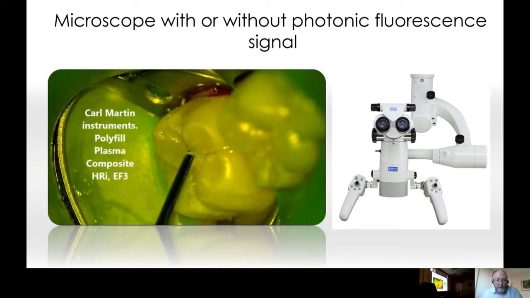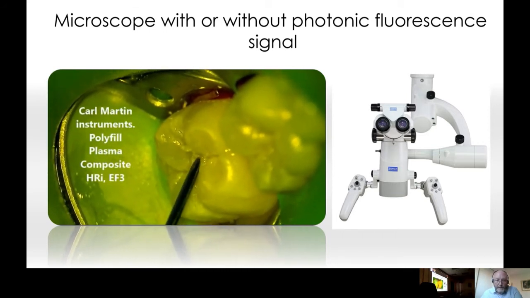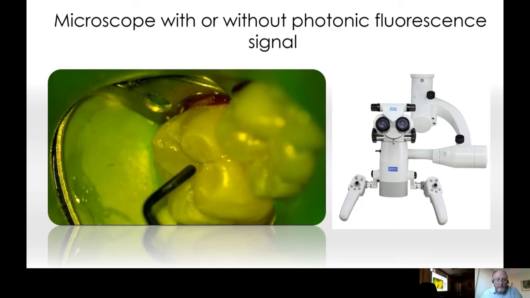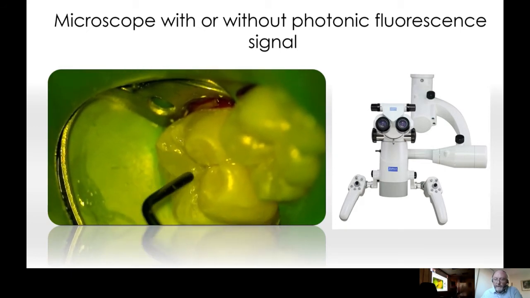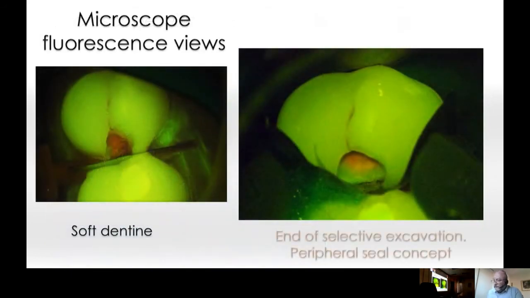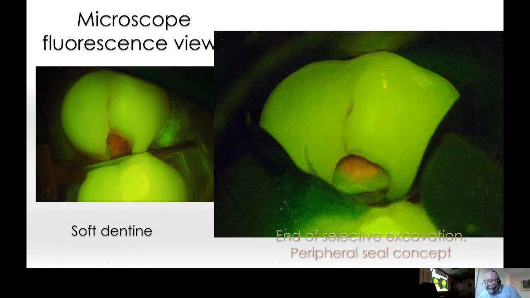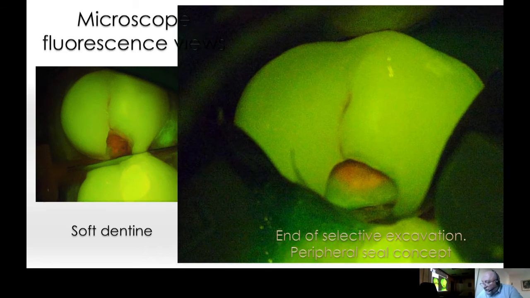You can see all the detail when we try to rebuild this occlusal surface. And now we feel very more secure thanks to the help of fluorescence photonic signal to keep the outer border clean according to the peripheral seal concept and preserve the pulpal dentin.